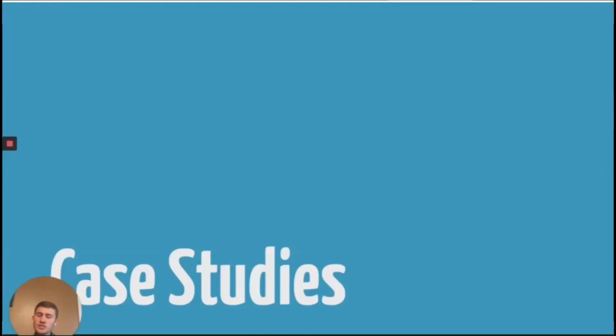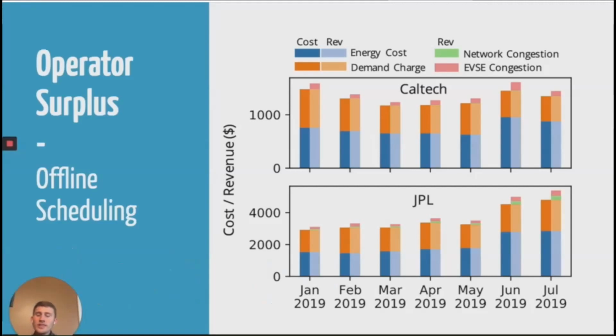So now we'll move on to some case studies we've run using real data we collected from charging systems at Caltech and the Jet Propulsion Laboratory. In this first example, we're going to consider offline optimal scheduling. The darker bars for blue and orange are going to be the cost our system incurs. The lighter bars are the actual revenues that we're going to gain from users as they're broken down by type.